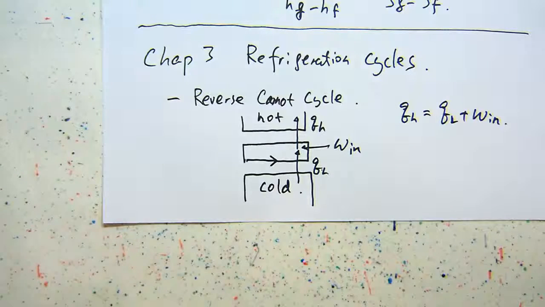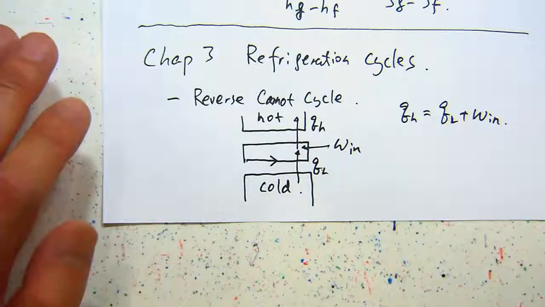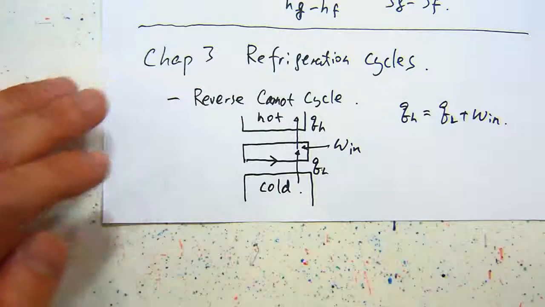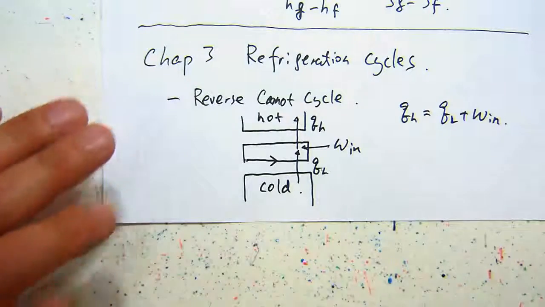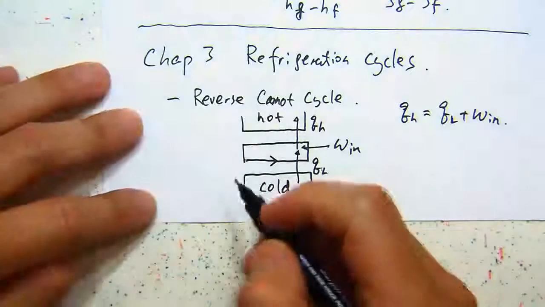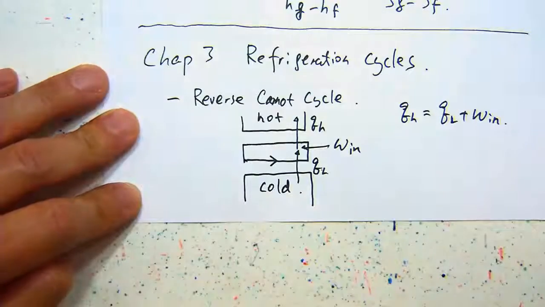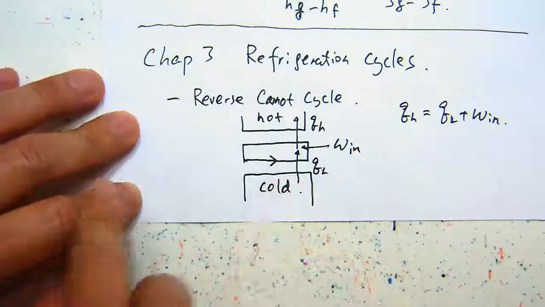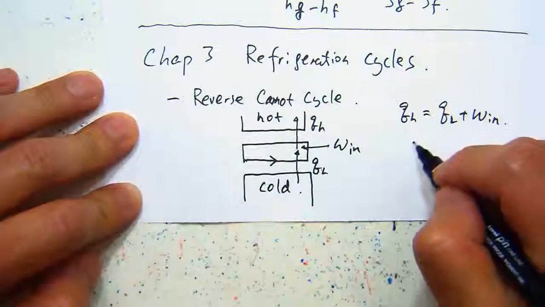Which is even more common than the heat pump. Yes, AC, air conditioner running on this type of cycle. Air conditioner is to cool the room in summer, right?